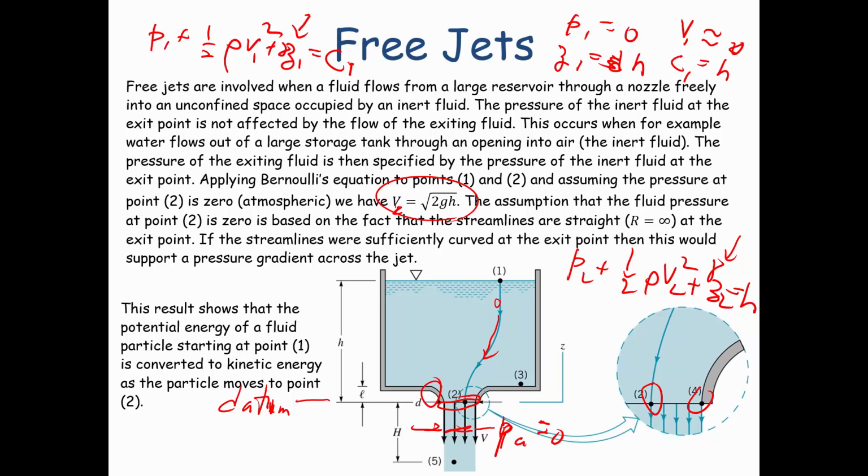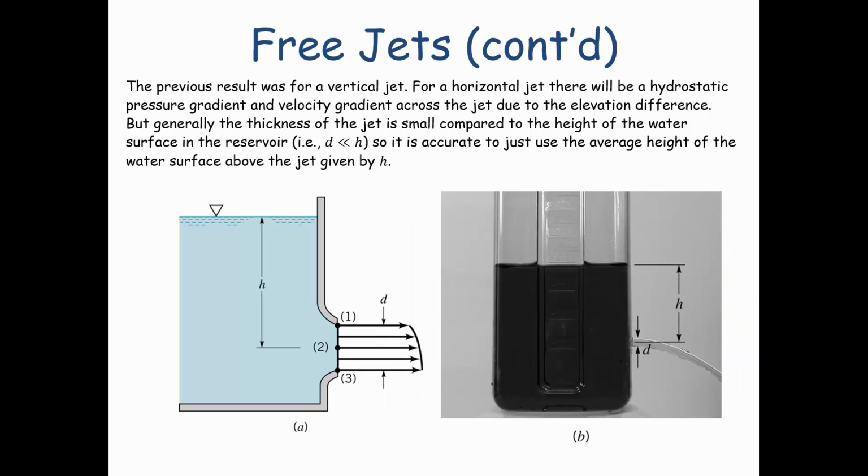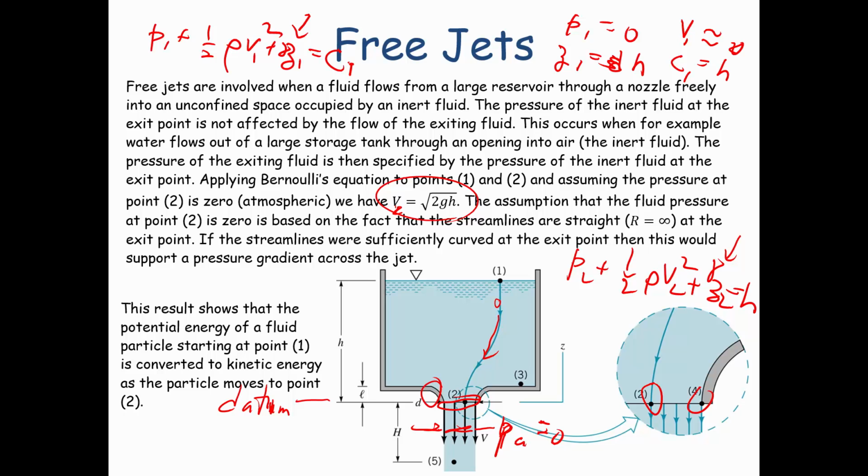And we're going to modify that a bit because the jet does not have parallel streamlines coming out as it exits the opening of the container. And so we'll do that in the next slides. Okay.